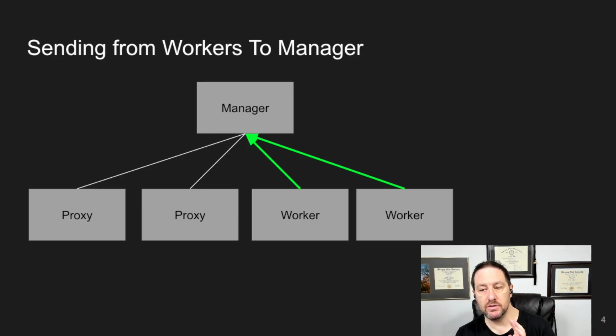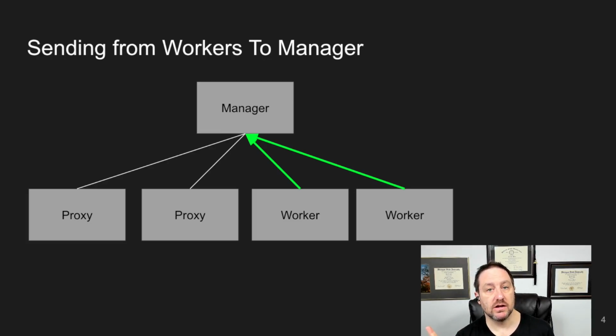To move that data from the worker, where it sees it on the network, to somewhere else, you can use different methodologies. I'm going to show you, basically straight out of the Zeek documentation, the different methods you can use to move data around these different nodes in the cluster.